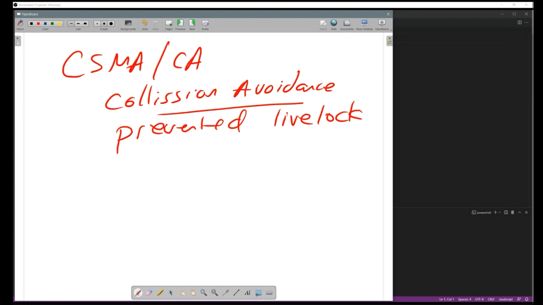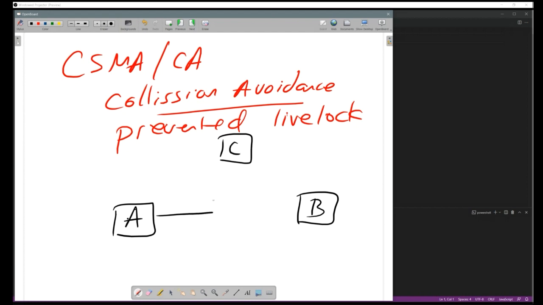Okay, so this prevented the issue of live lock. The issue with live lock worked like this. You have two people sending. Let's say that A was sending to C, but of course B also gets it.